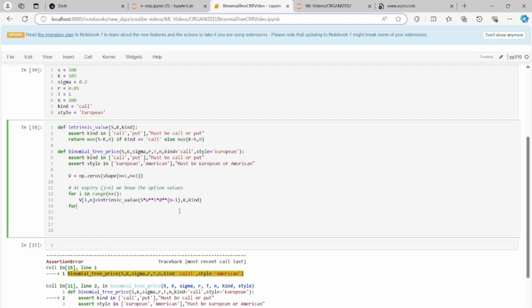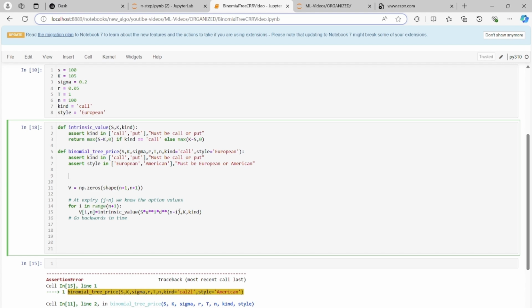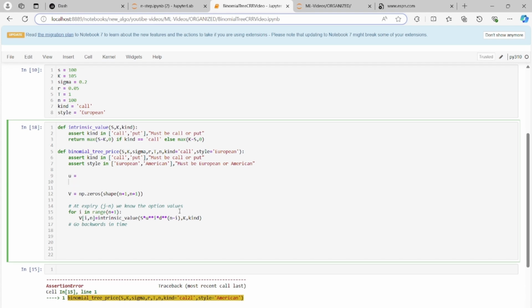And now we're going to go backwards in time. Okay, so we're going to basically have two conditions. First of all, there are a few things we needed to calculate that we didn't. We needed to calculate u and d. So d equals 1 over u, that's easy.